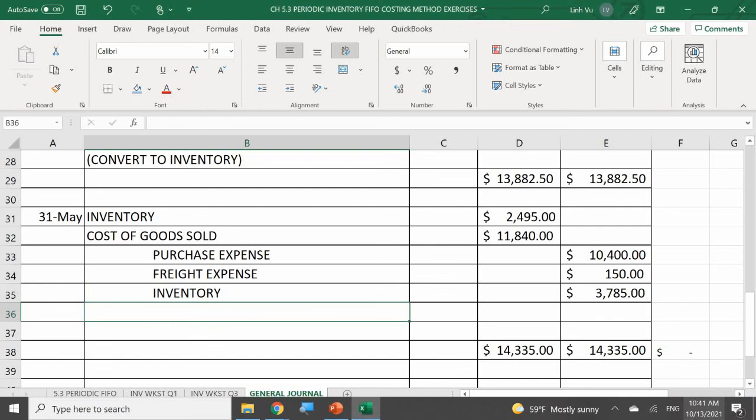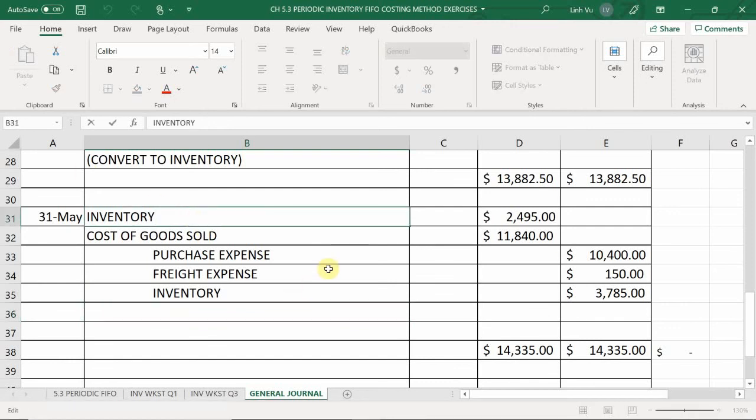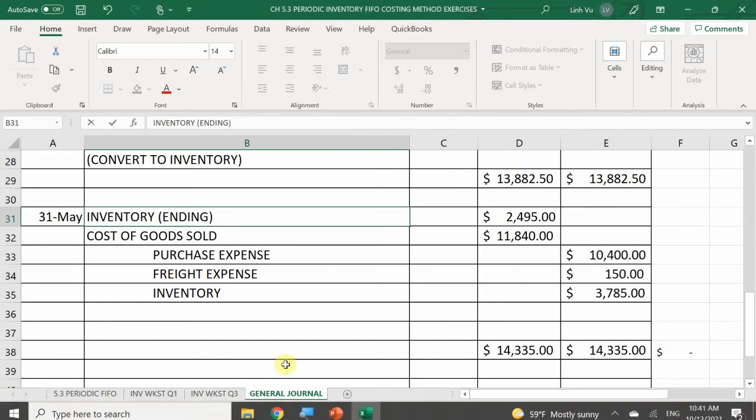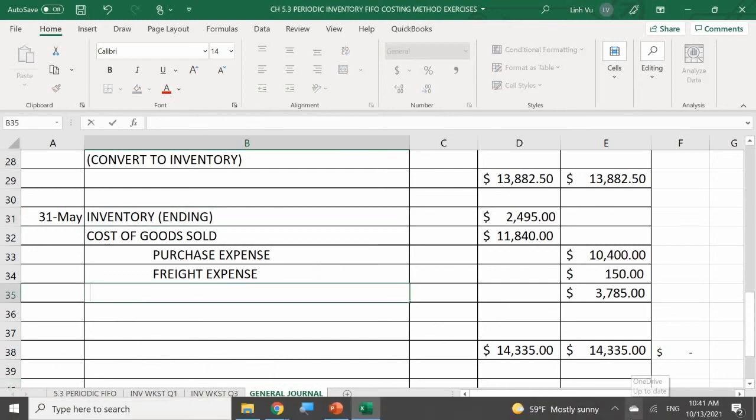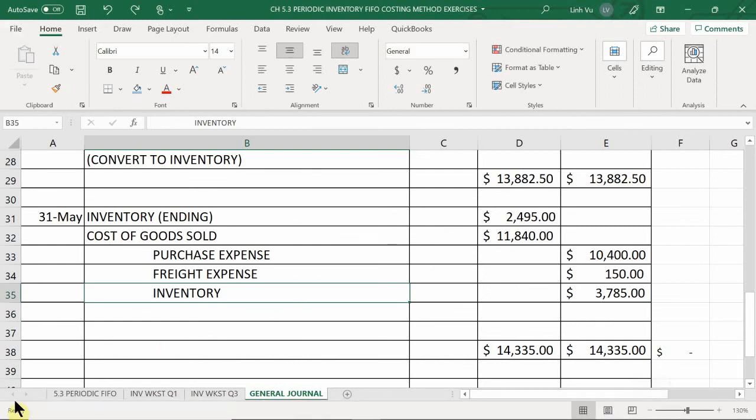The only difference that I'm going to have you guys do here is, to help you memorize, you can put a reference point saying this is ending inventory, and then this one is beginning. Because they're both the same exact account. It's all going into the same account. However, I'm going to let you guys do this as a way for you to memorize that.